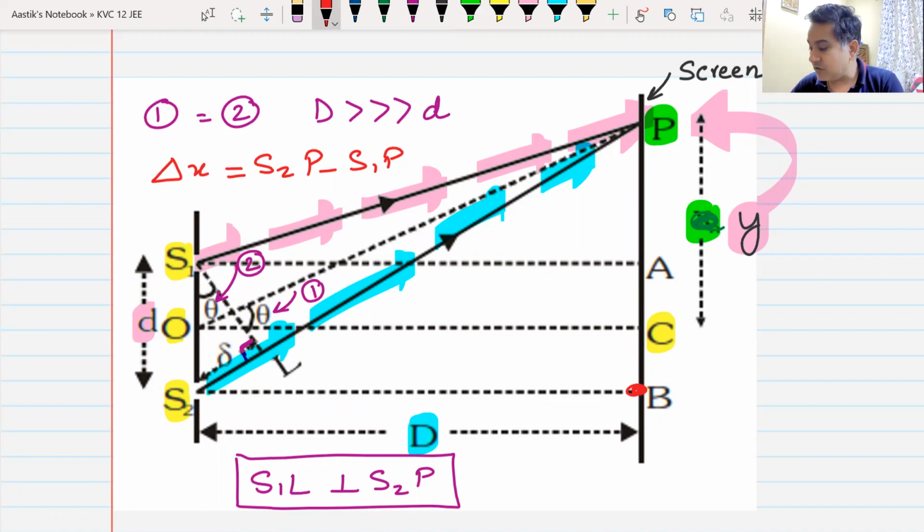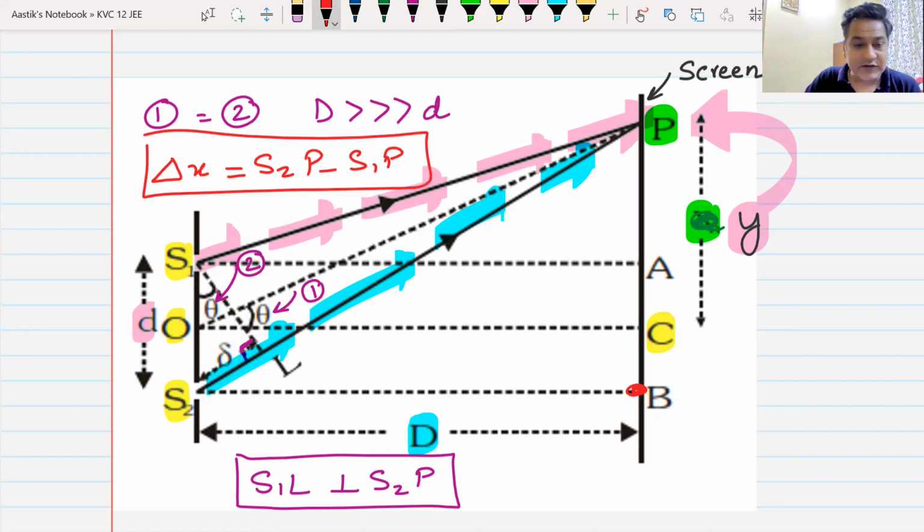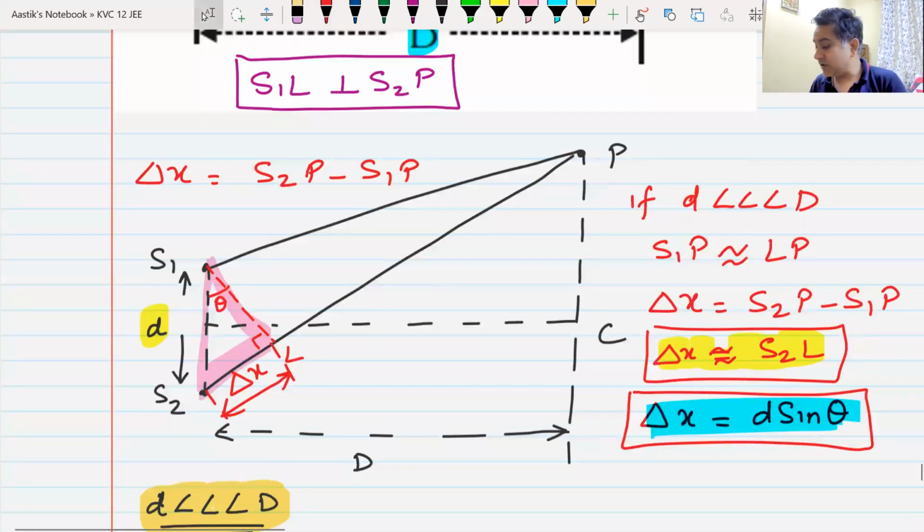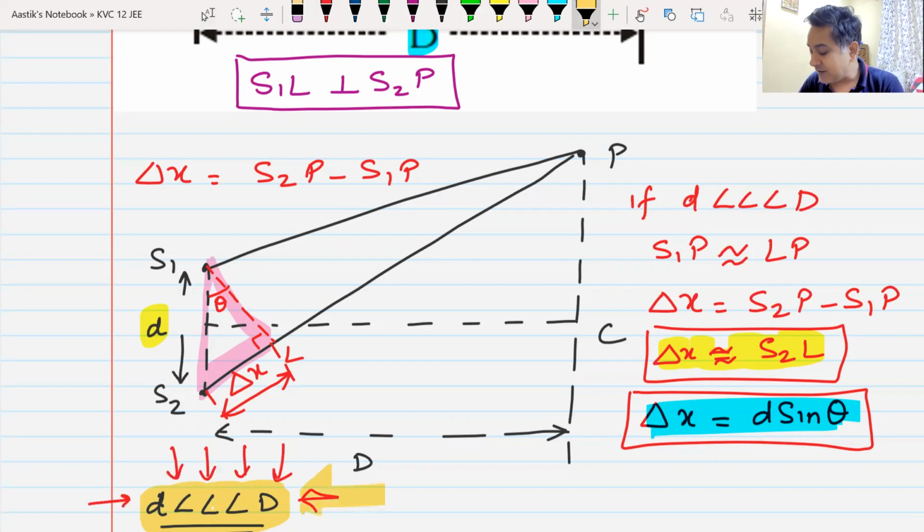We had also found out that the path difference is S2P minus S1P, and we had devised the formula for path difference subject to the condition that small d is very small compared to capital D. We had got the condition that this path difference is d sine theta. We all remember this, yes or no?